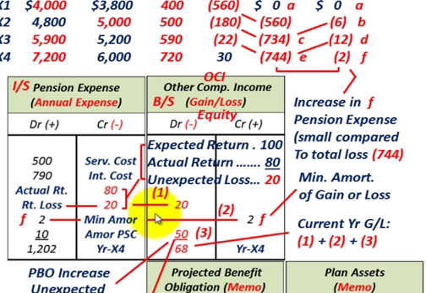So in this case, first off, we're going to debit or increase our pension expense for this $2,000 loss here. It is 2 here. And then the credit would go to other comprehensive income. We'd increase our other comprehensive income here by $2,000.